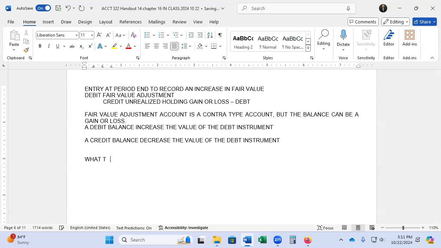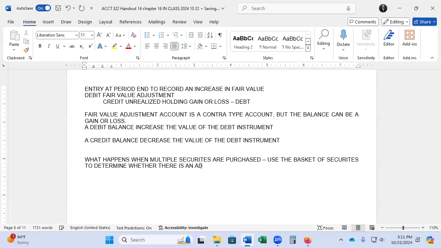Now, what happens when multiple securities are purchased? And so you use the basket of securities to determine whether there is an adjustment needed.